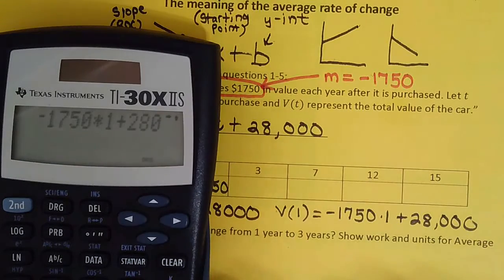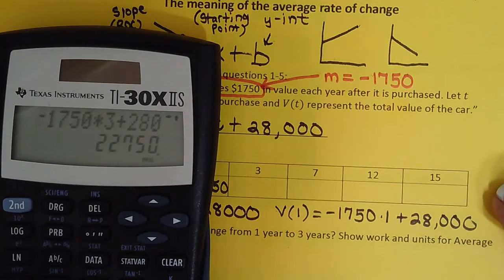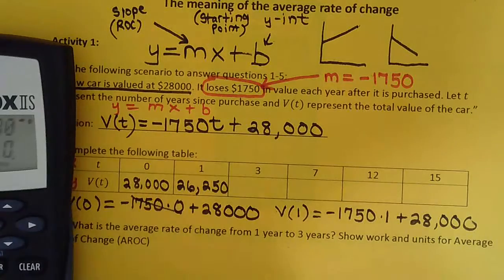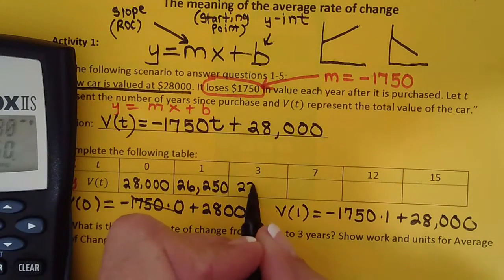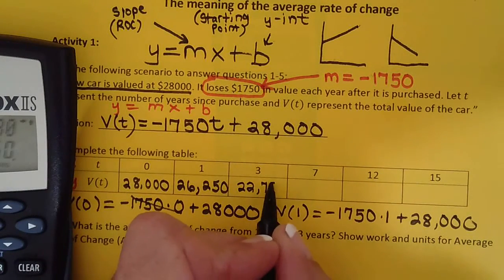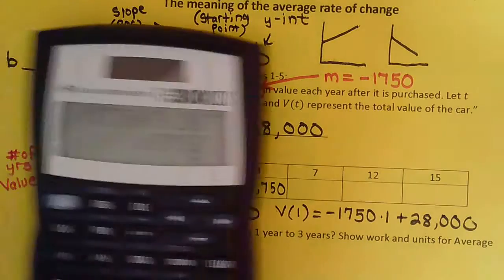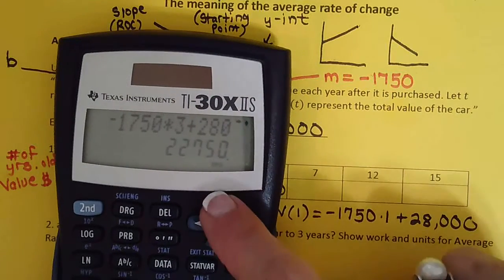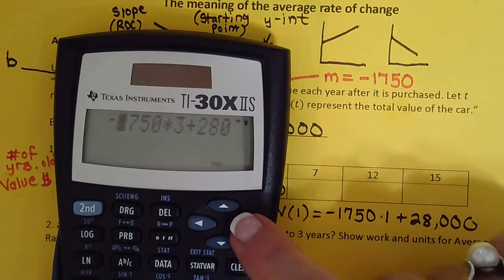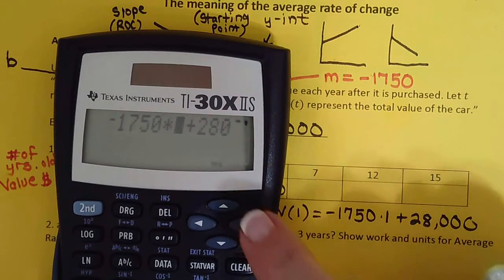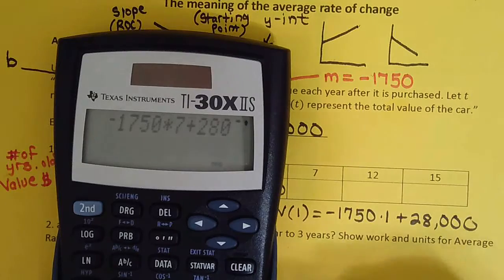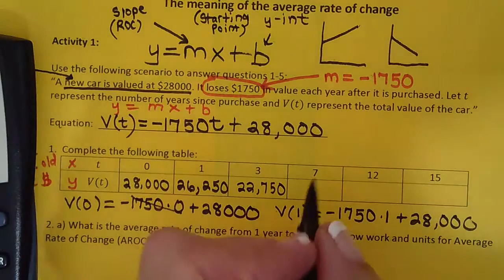It's hard. I have to learn to watch the screen of the calculator, not the computer screen. So 22,750. Then I can hit my up arrow again and change the 3 to 7. 15,750.